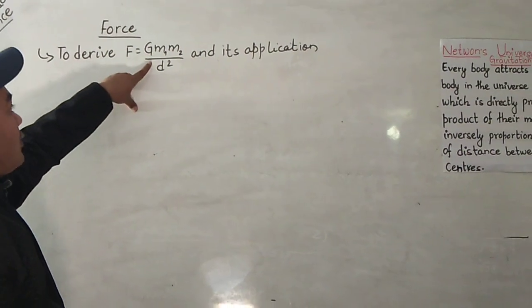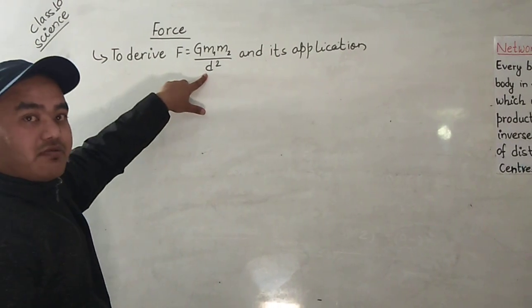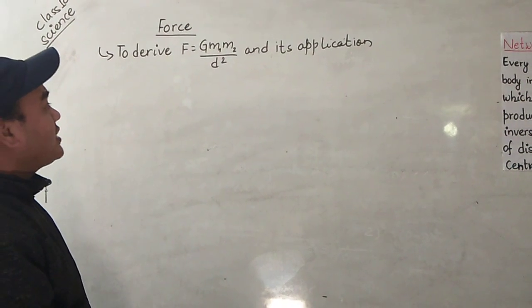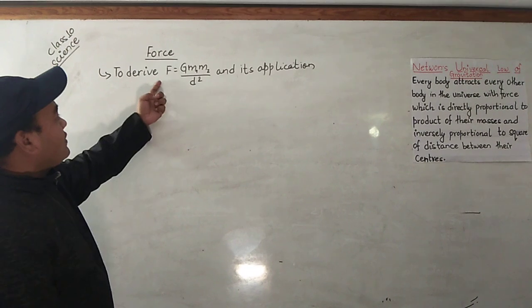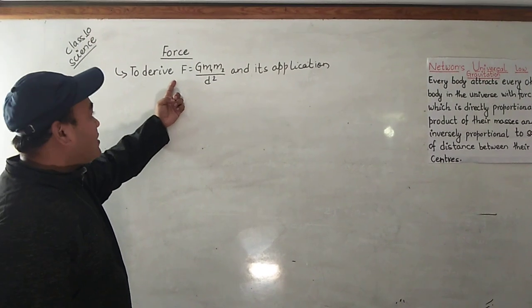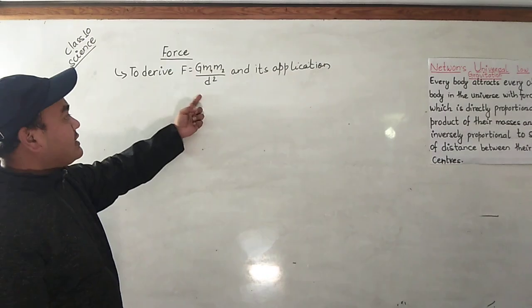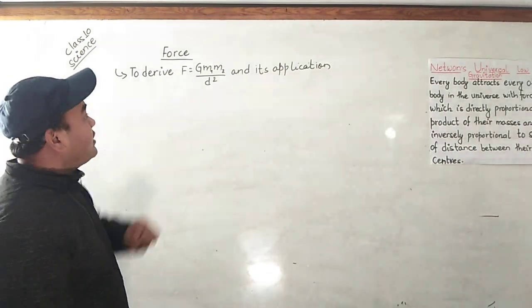relation, that is gravitational force is equal to capital G m1 m2 divided by d square, and these all have the usual meaning. This capital F is gravitational force, m1 and m2 are the masses of two bodies, and d is the distance between them.